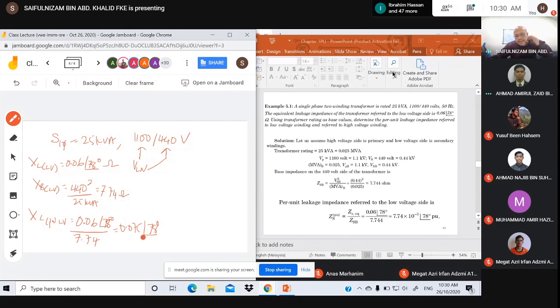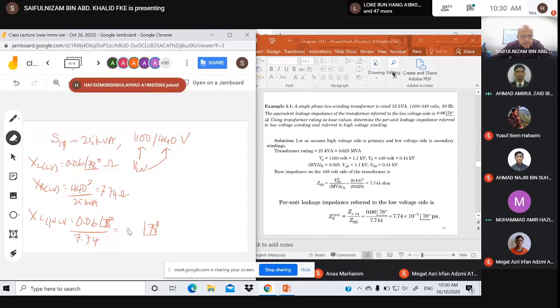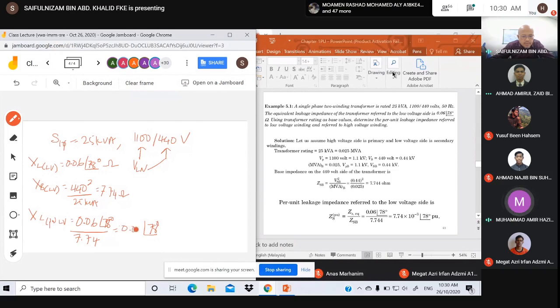Correct. 0.0775. This is the XL PU on the LV side.